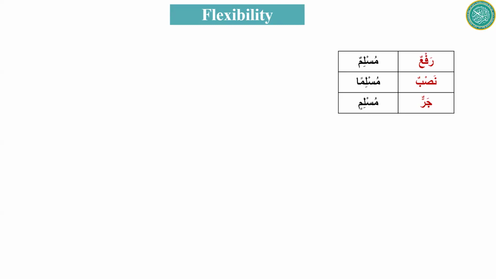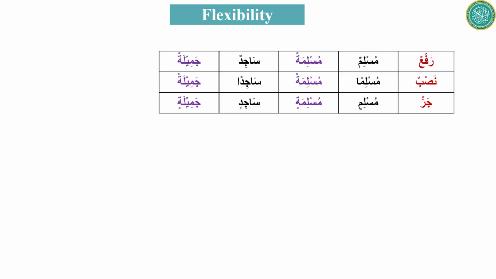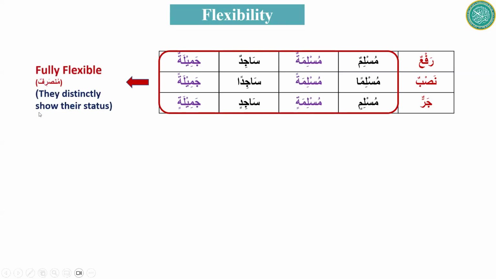So for the fully flexible words, it is easy to tell their status because of the ending haraka. There are different examples of them, and all of them are called fully flexible. Okay, good. Thank you, Saad. They distinctly show their status.